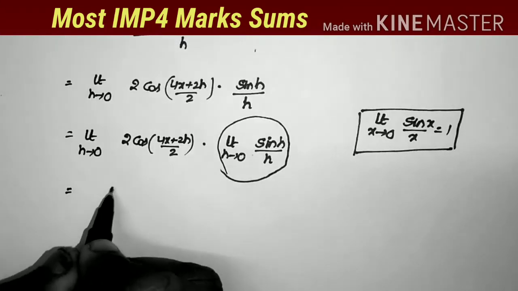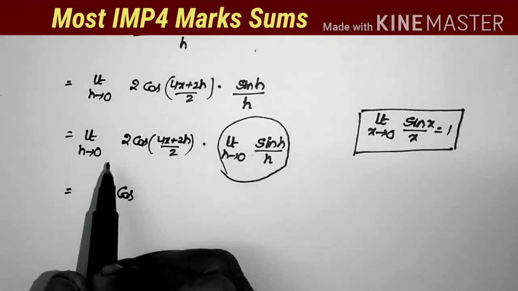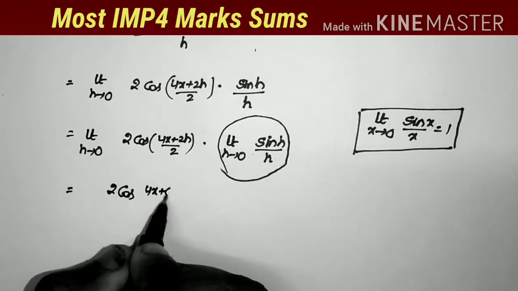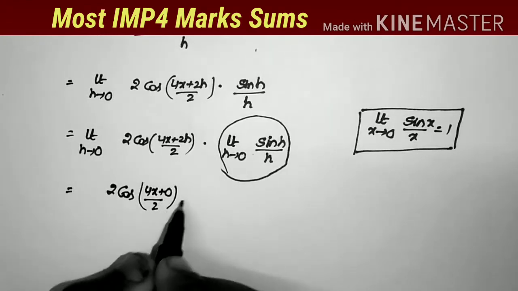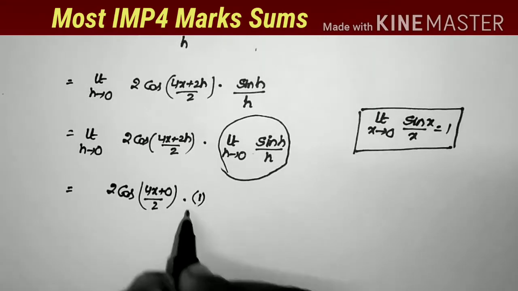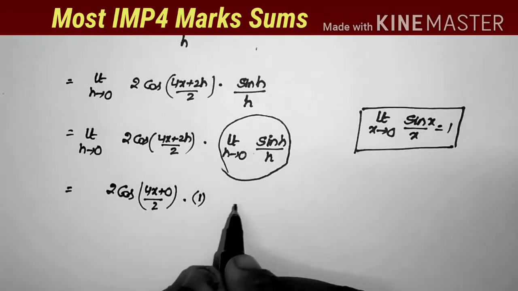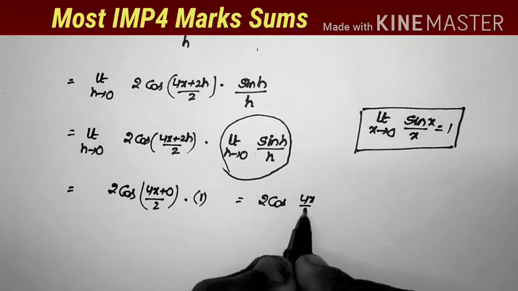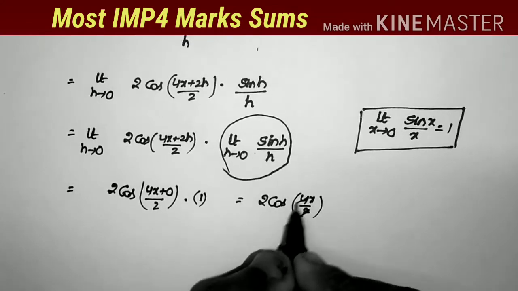That is 2 cos. Now substituting h equal to 0 here, what do we get? 4x plus 0 by 2, into limit h tends to 0 of sine h by h, which is equal to 1 by using this formula. So this is equal to 2 cos 4x by 2 into 1, that is 2 cos 4x by 2.